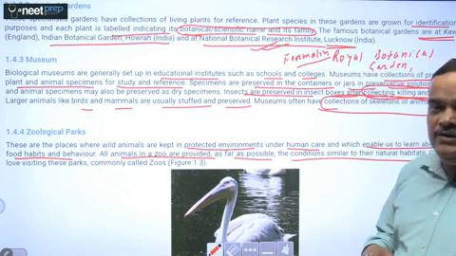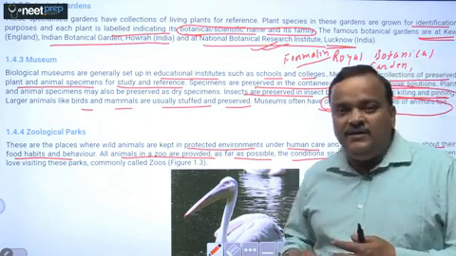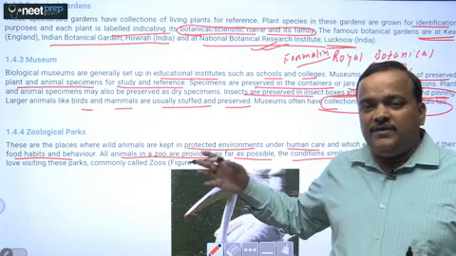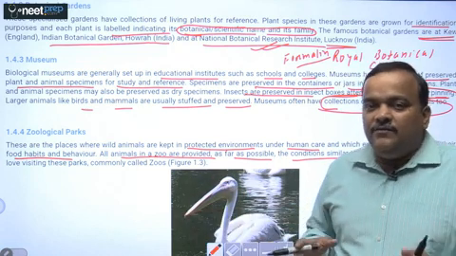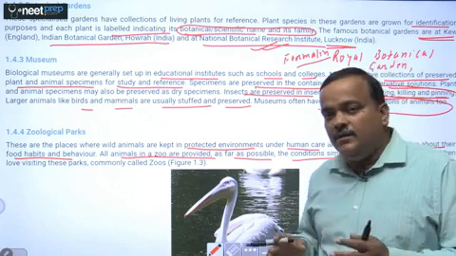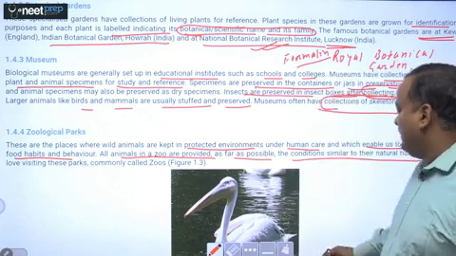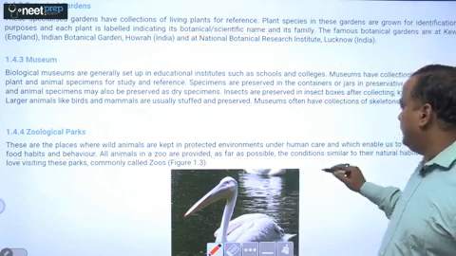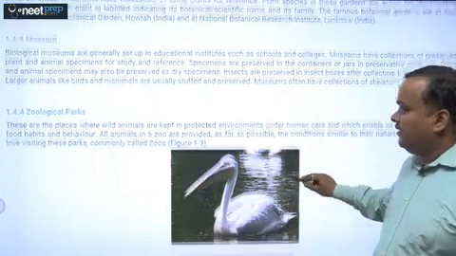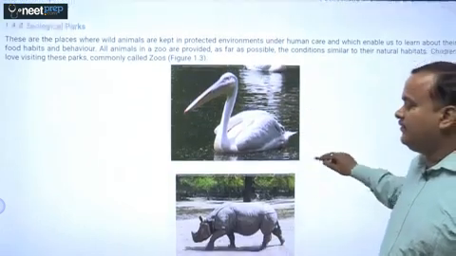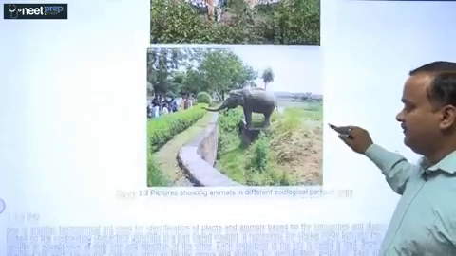So we try to maintain environmental conditions similar to what is present naturally for that organism, so that it can feel safe and secure at that place. The zoological park, along with the botanical garden, also helps in ex situ conservation.